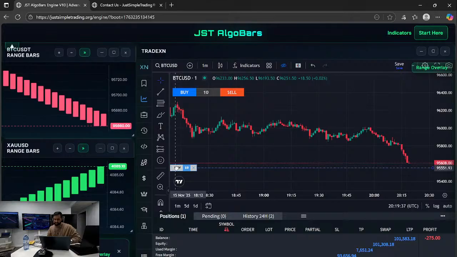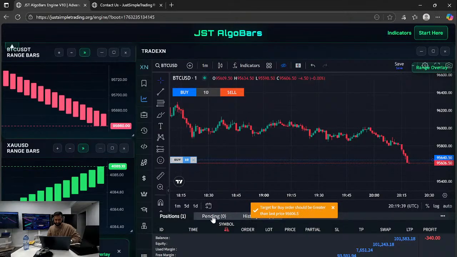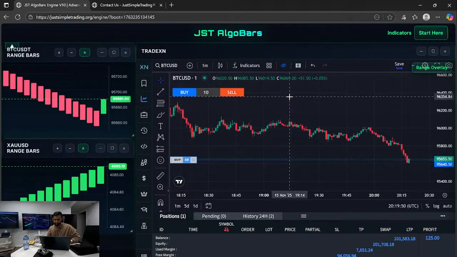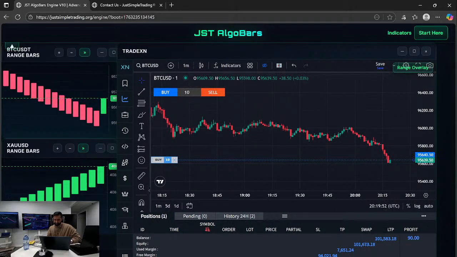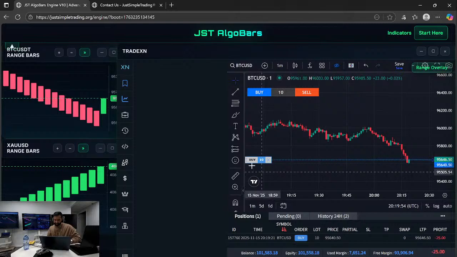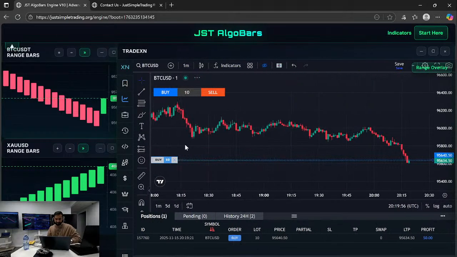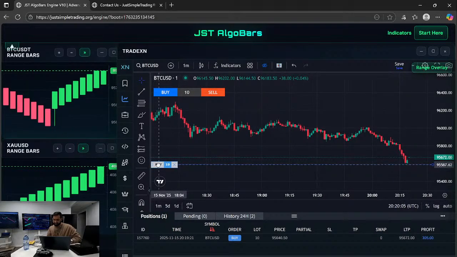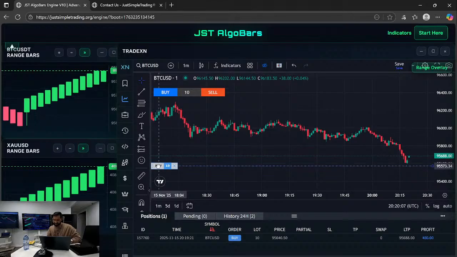I'm going to click and drag this down right here. Let me just make this a little bit. All right, so our entry on that trade was 95,640. So I'm going to click and drag my stop loss down to 95,540.